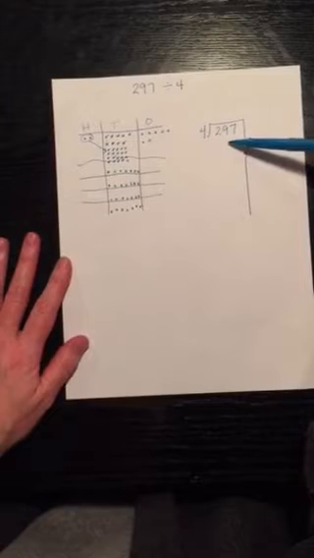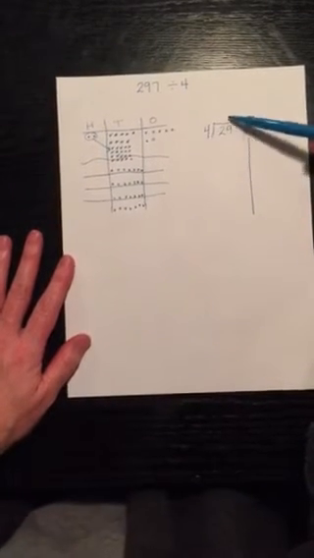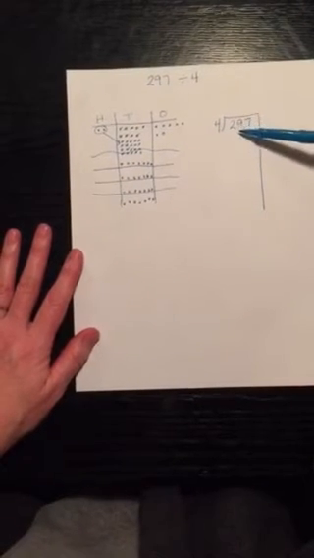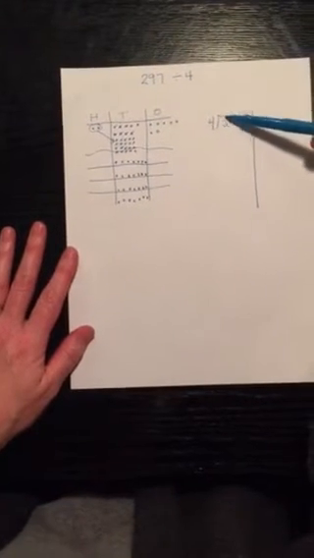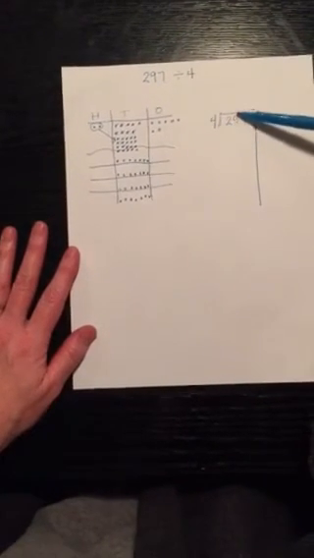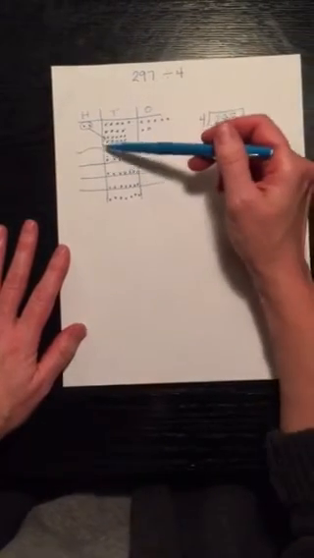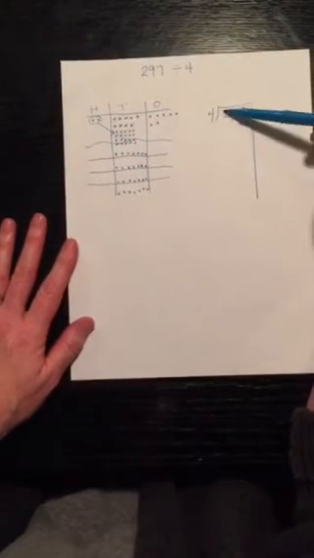So as I'm thinking about a multiple of 10 that would get me fairly close to 297, I'm looking at the 29 that is at the beginning of the number, with the 2 in the hundreds place and the 9 in the tens place. And I'm thinking about the 29 tens that I had in my place value chart.